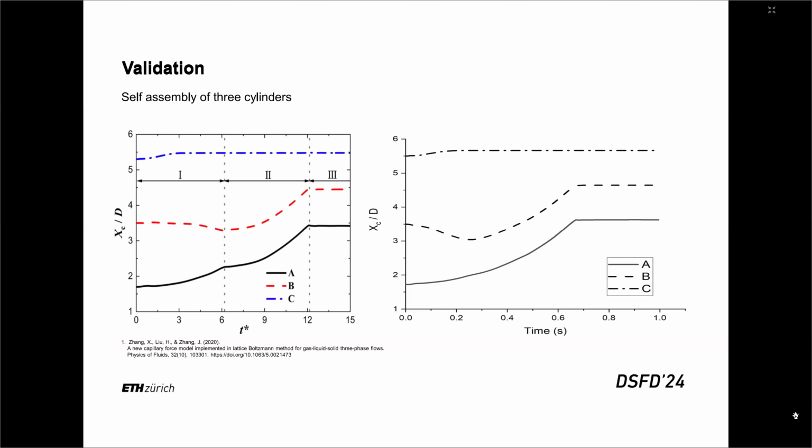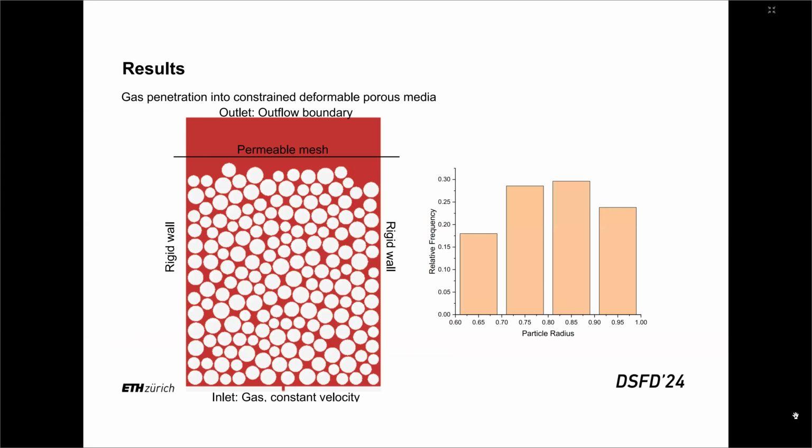We also compared our simulation results with John's paper, and we found that the movement tendency matches well. Now we have successfully got a correct model, and we want to use this model to simulate the gas penetration into constrained deformable porous medium.